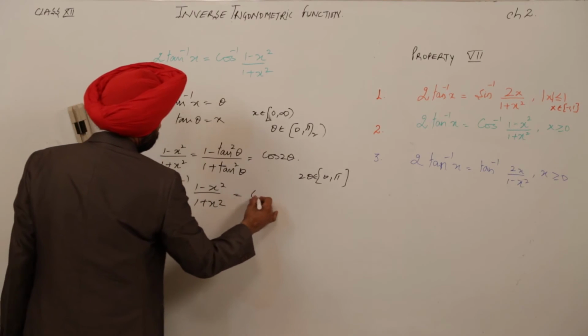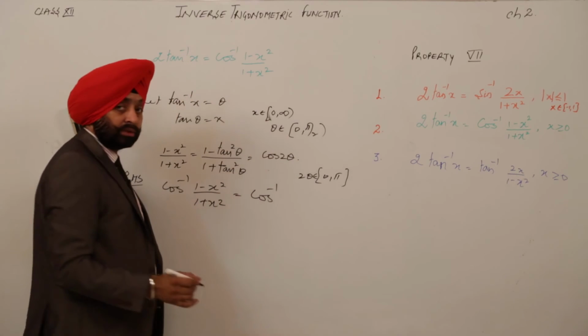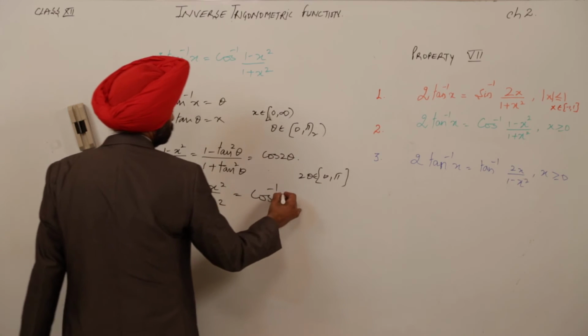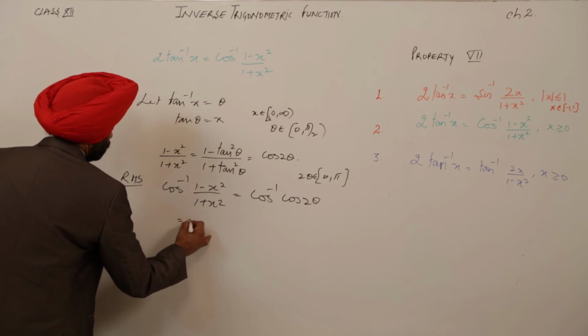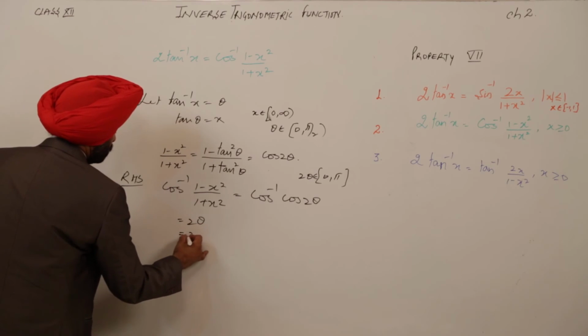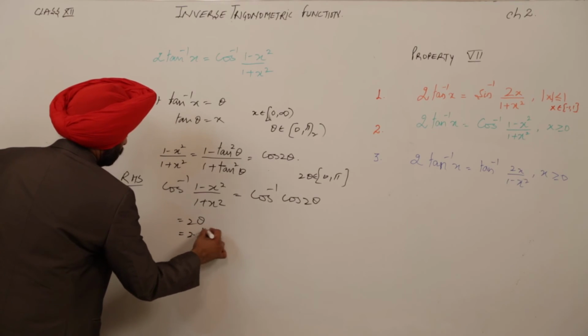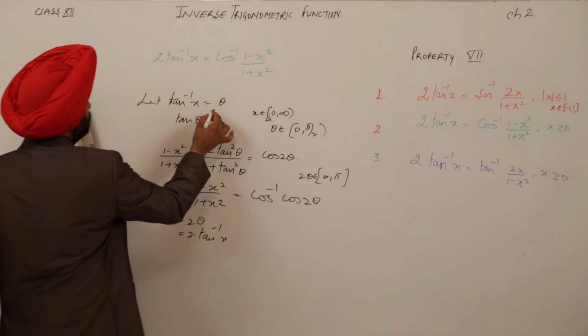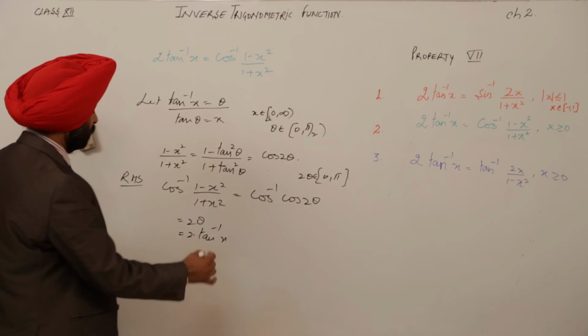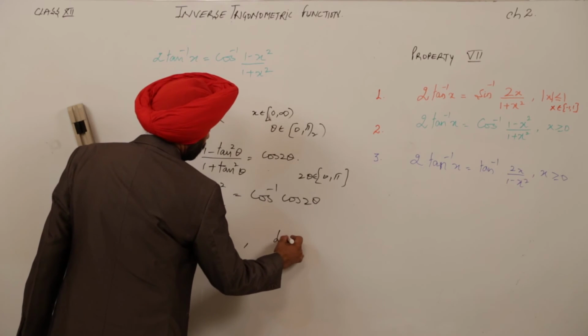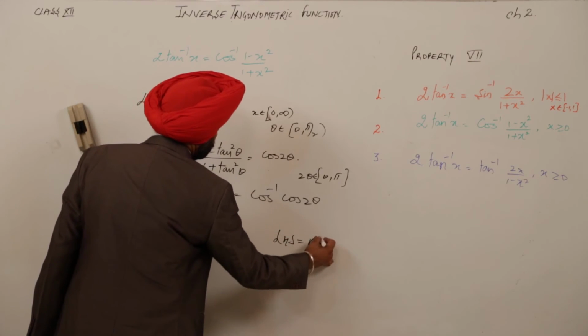This becomes cos inverse cos 2 theta. Again we are left with 2 theta, which is equal to 2 into tan inverse x, as theta is equal to tan inverse x. So again we have proved that the left hand side is equal to the right hand side.